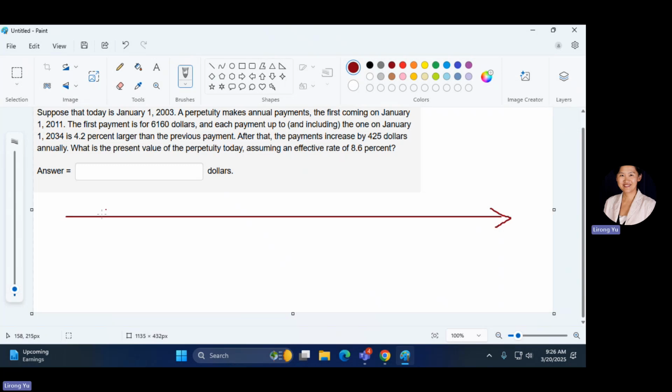All on January of the year 2003. The first one is coming in 2011. You're getting Q. In this case, Q is equal to 6160.